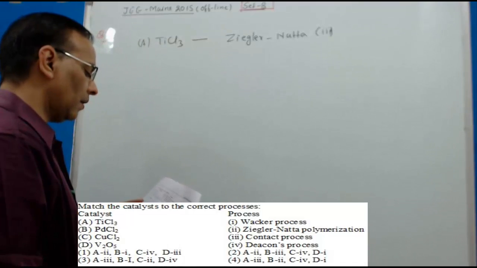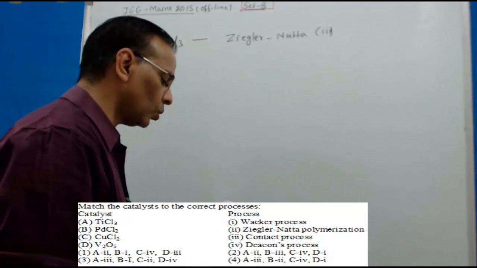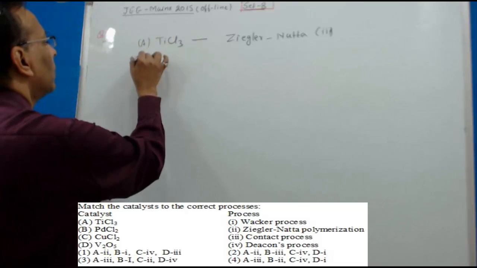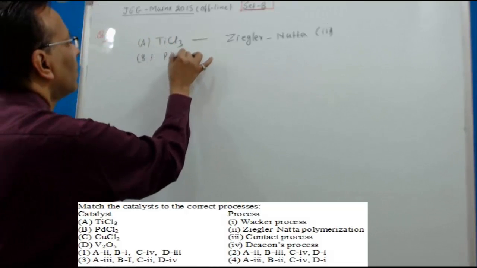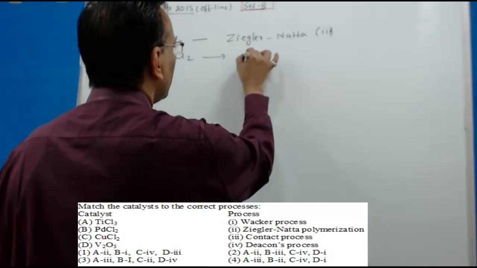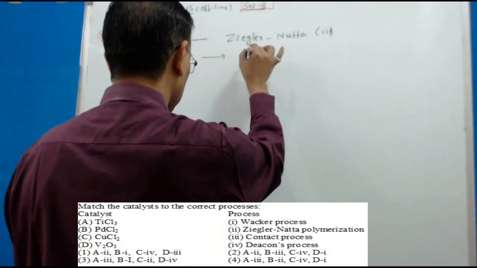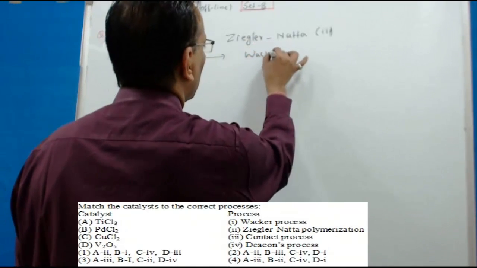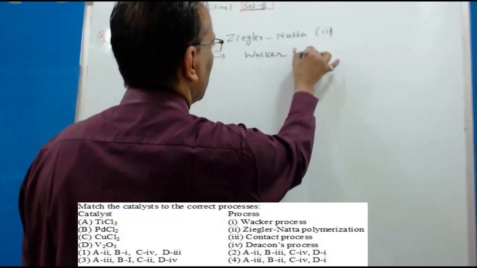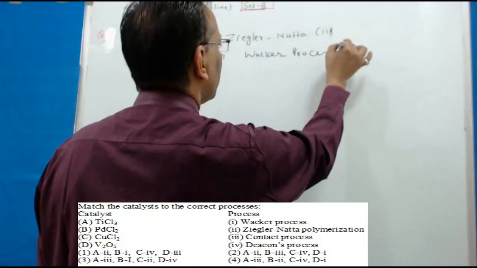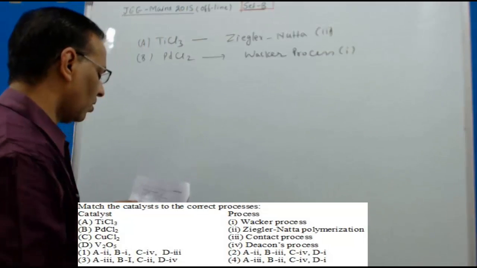Then palladium chloride, PdCl2, is the second one. This we all know, we use in the Wacker process. Which is first on the right column.